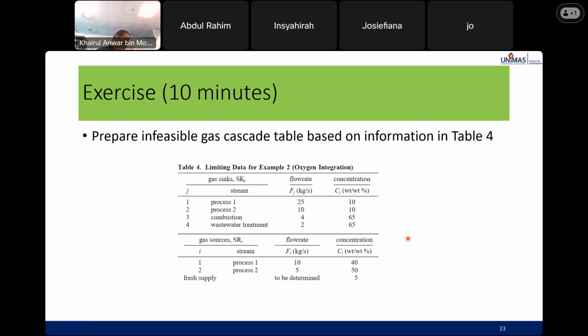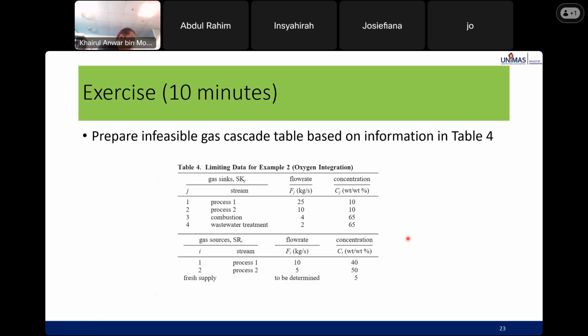So how to start? Check the limiting data. So you have 1, 2, 3, 4, 6 level. Sorry, 6 streams equal to 6 levels.